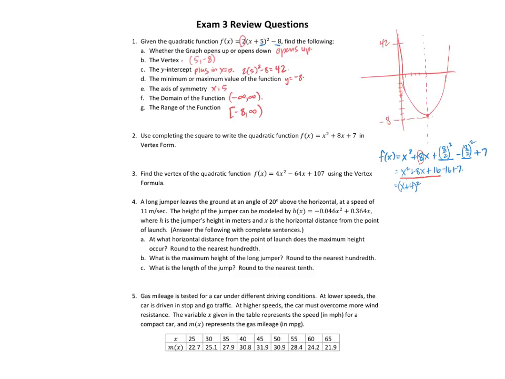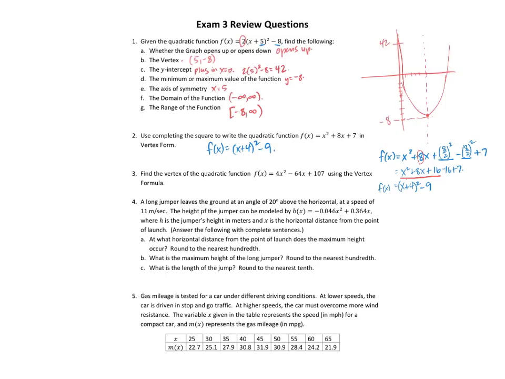Then I have minus 16 plus 7, so that's going to be minus 9. And so now it's in vertex form. So we get f of x is equal to (x plus 4) squared minus 9.